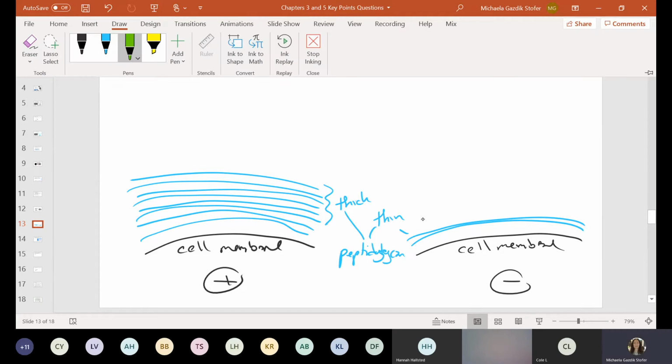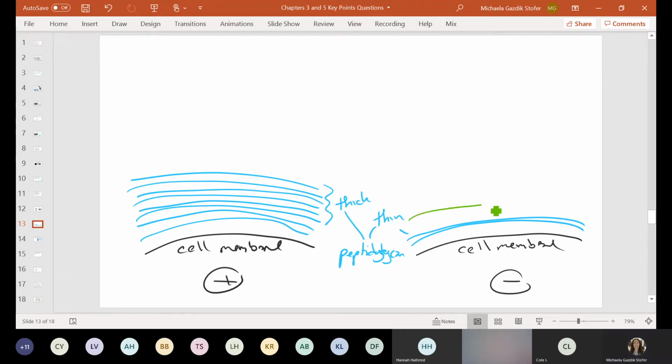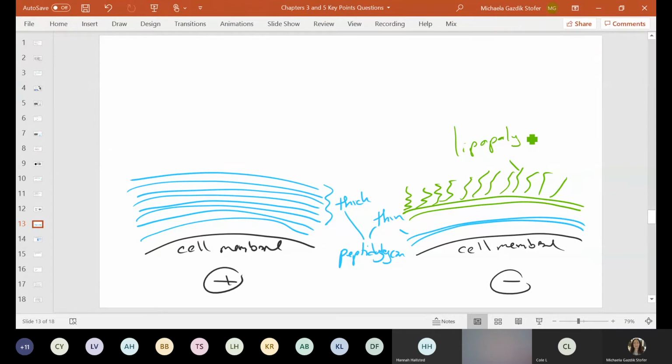But then in gram-negative cells, we have an outer membrane that's a lipid bilayer with a surface of carbohydrates. And those carbohydrates are called lipopolysaccharides. It does not say saccharide.